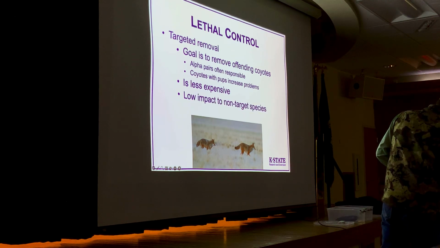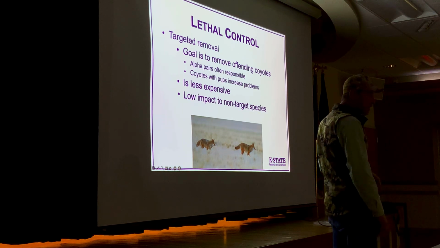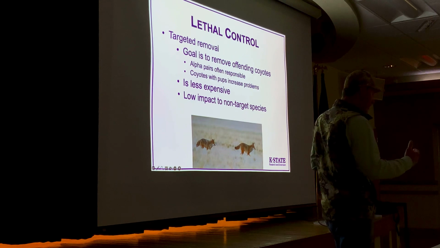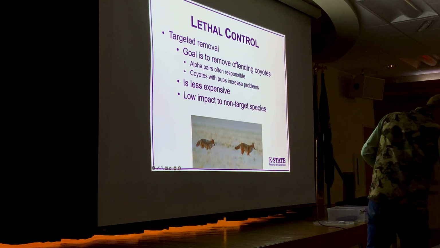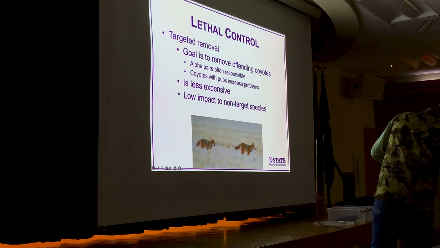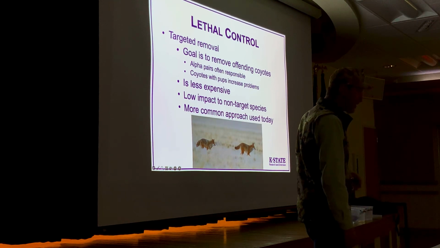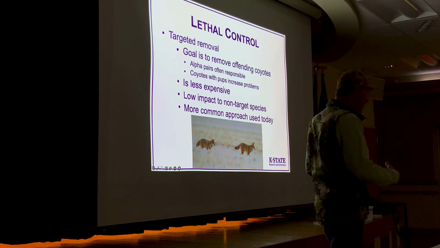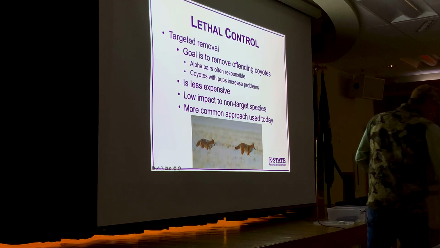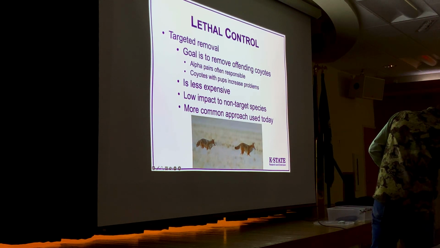It also has a very low impact to non-target species. Again, we can turn loose most of the things we catch in foothold traps. Snares, not so much, but I can avoid catching most of the non-targets that I don't want to catch in a snare by how I place it. So, targeted removal is the most common approach used today.